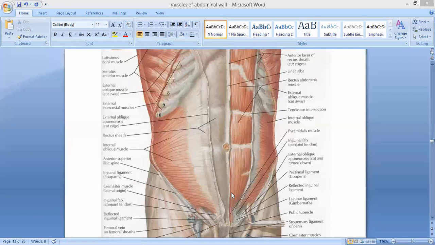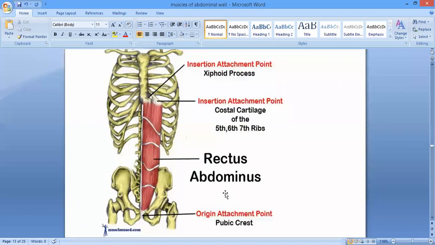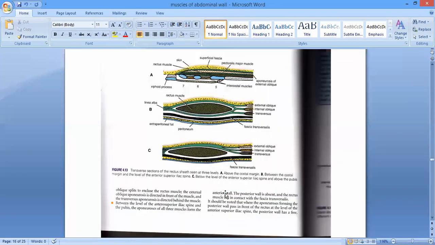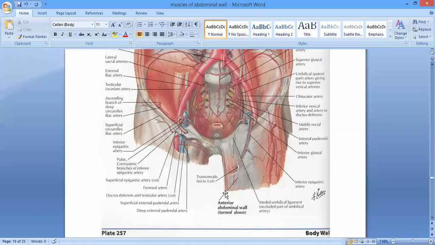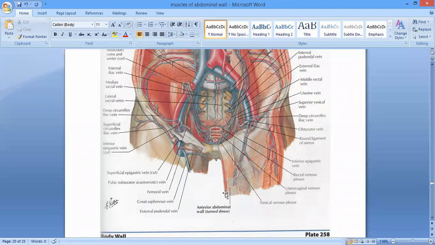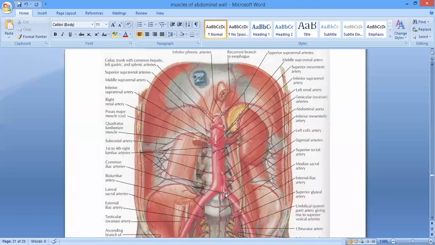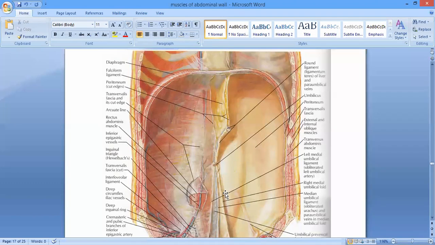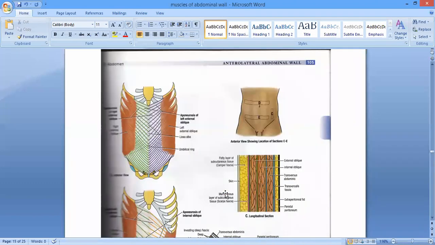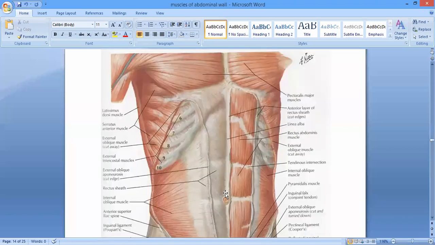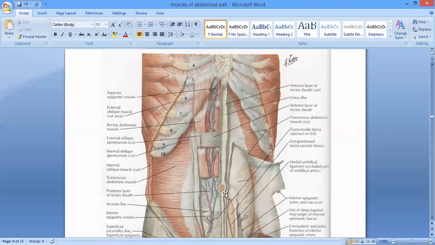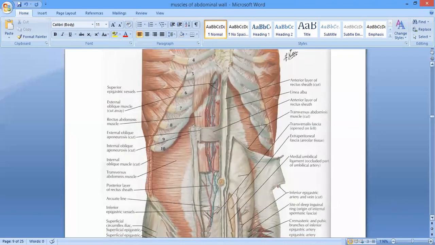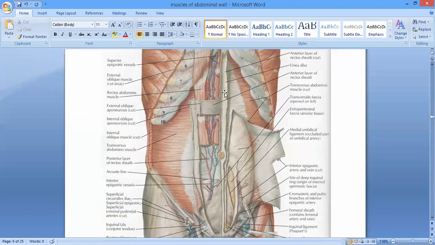Other than these two, here you can see that we have just reflected the rectus sheath from here, and here we can see the contents of the rectus sheath.